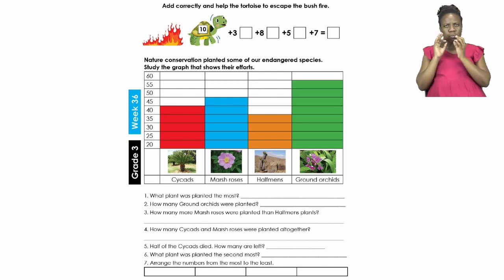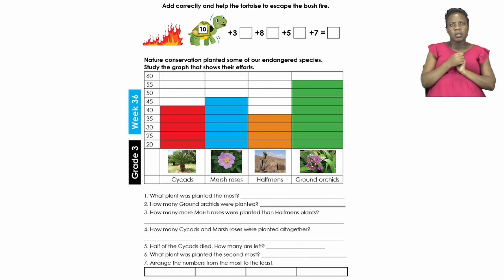So there you will see the tortoise has a number 10 on it. Can you all see the number 10? Good job. Now it says you have to add 3 and then there's a little block for your answer. And then to that answer you have to add 8.